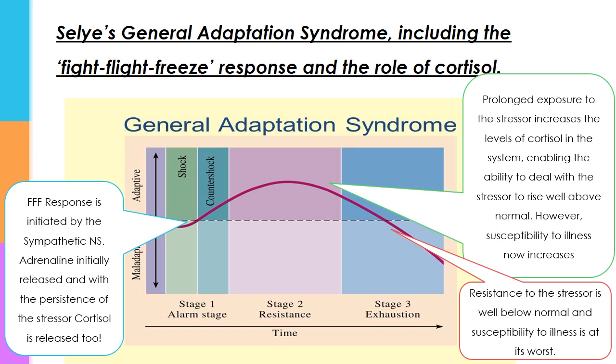Now, we know that cortisol is helpful in the short term because it energizes our body. It helps to repair our body from damage. But prolonged exposure to the stressor can actually increase our susceptibility to illness because it compromises our immune system. So we tend to be okay, but then as cortisol begins to be prolonged, we can see that our resistance to stress begins to dip below the line of resistance, or it begins to go down.